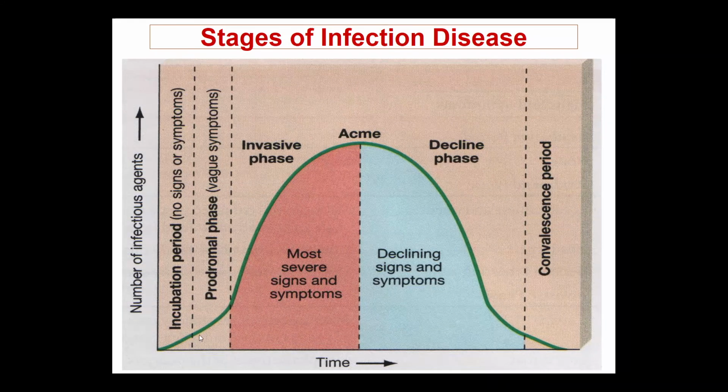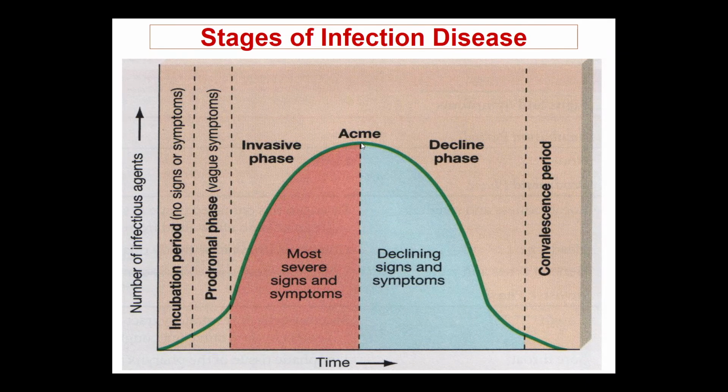The next period is prodromal. Vague symptoms appear. It means non-specific symptoms because the number of bacteria in the human body is increased. When this number is increased very intensively, what you see here, this logarithmic accumulation of bacteria, the invasive phase of the disease is happening. Most severe signs and symptoms are typical here.